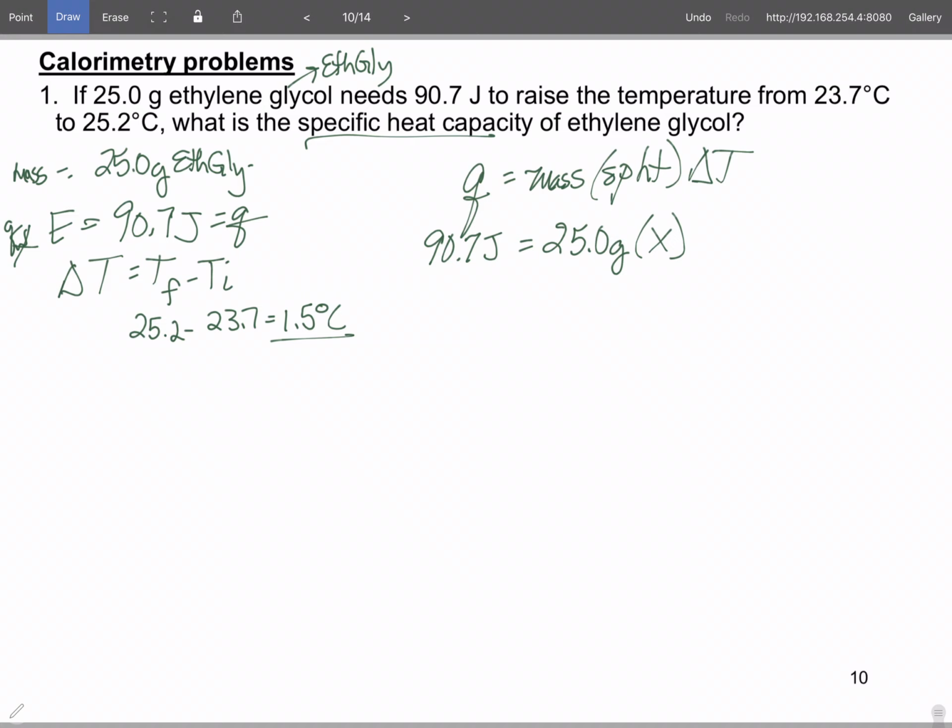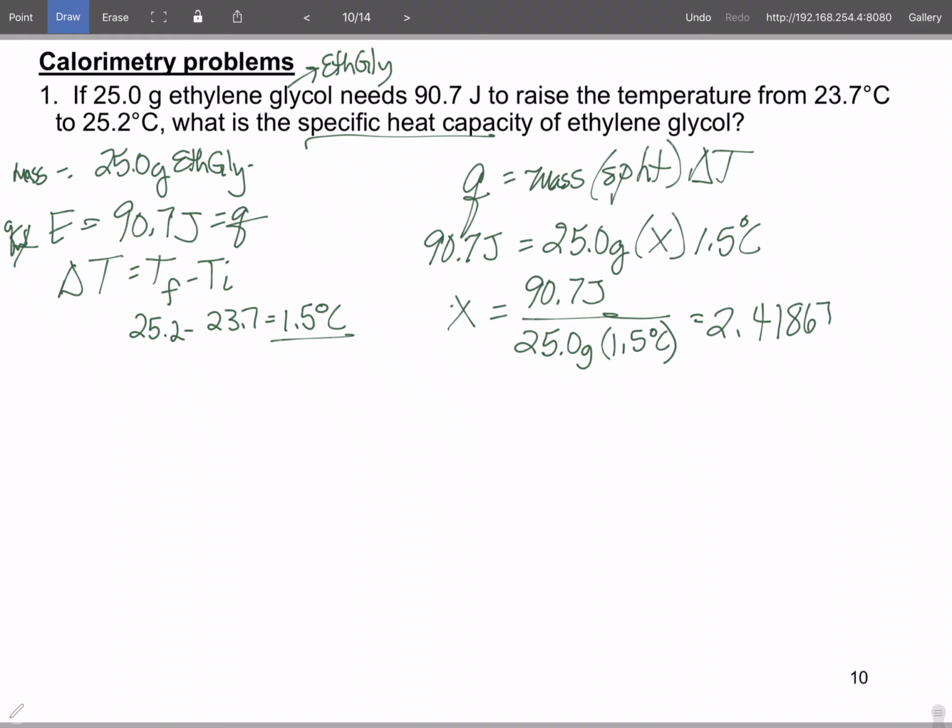And our delta T we've actually calculated is 1.5 degrees C. All right, so that means X is equal to 90.7 joules divided by 25.0 grams divided by 1.5 degrees C, which means when we do the math, we're going to end up with 2.41867 joules per gram per degree C.